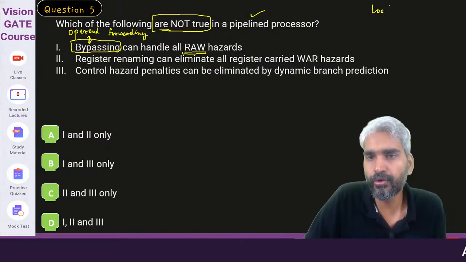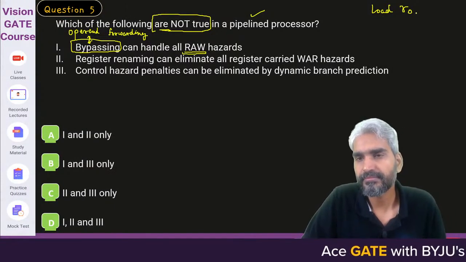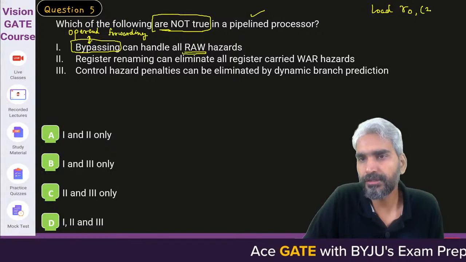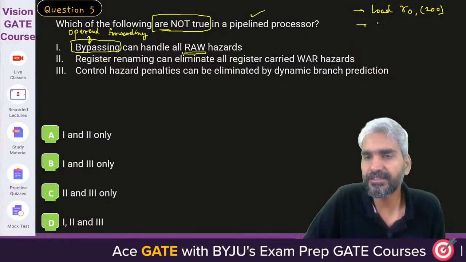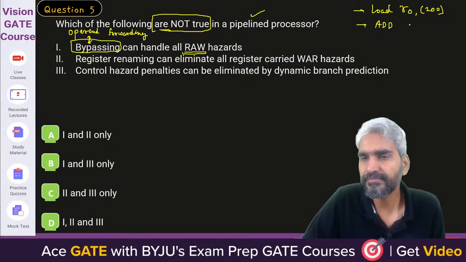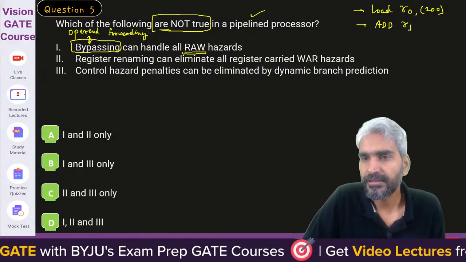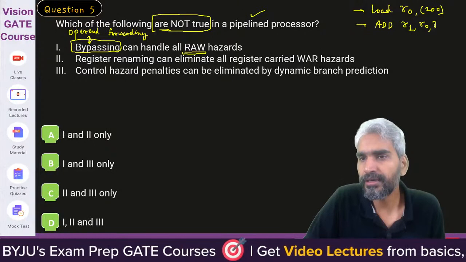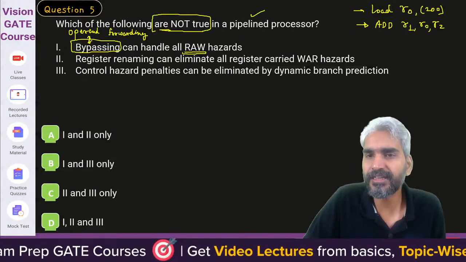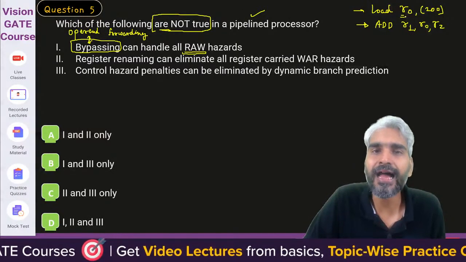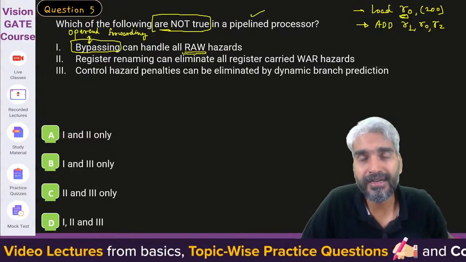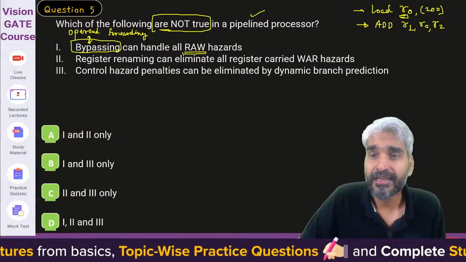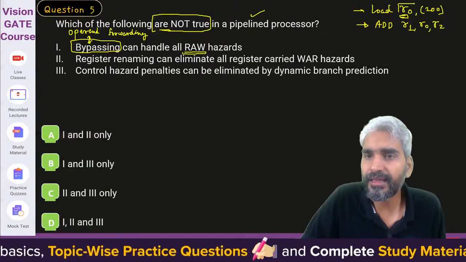So if I say load R0, memory location 200, and the next instruction is something like add R1, R0, R2, this addition instruction actually needs the content of register R0, but this content will not be evaluated in the execution stage. It will be available after the memory access.